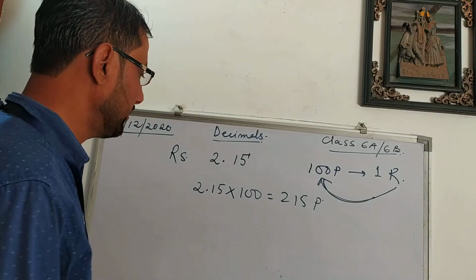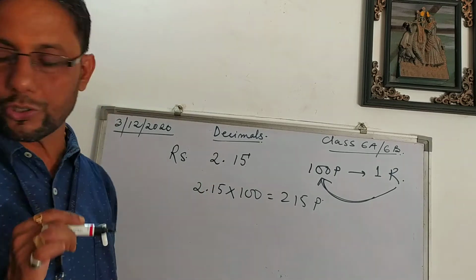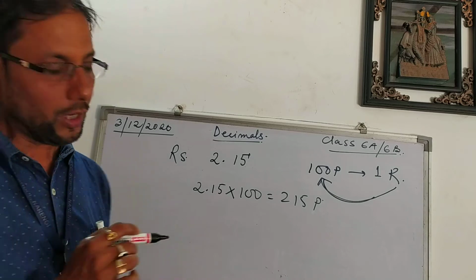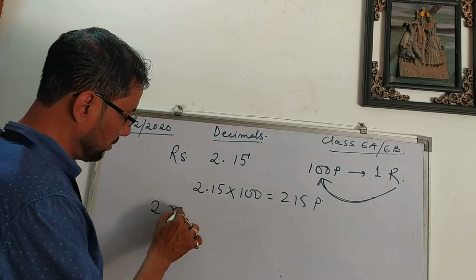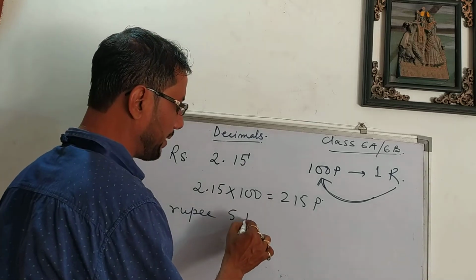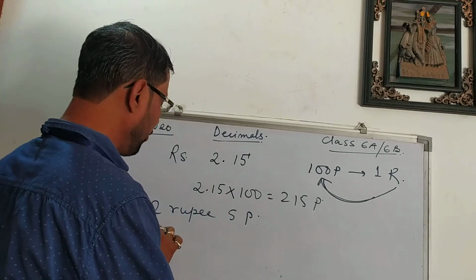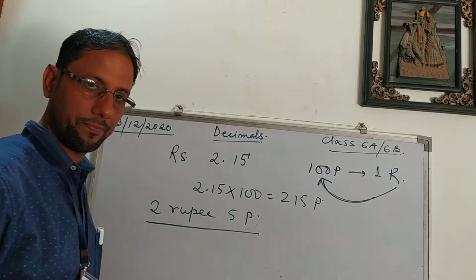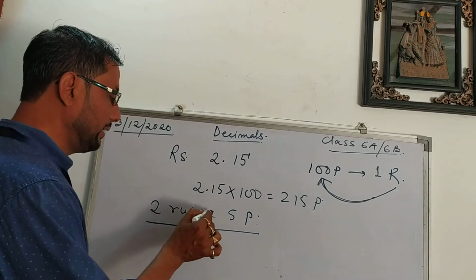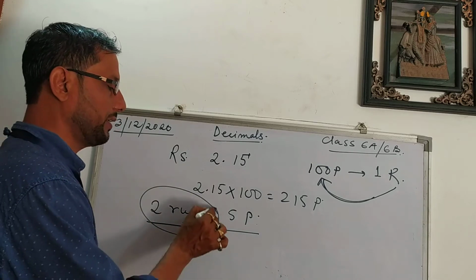Now let me write one question: 2 rupees 5 paisa. How will you convert this into rupees? This 2 rupees is already in rupees.